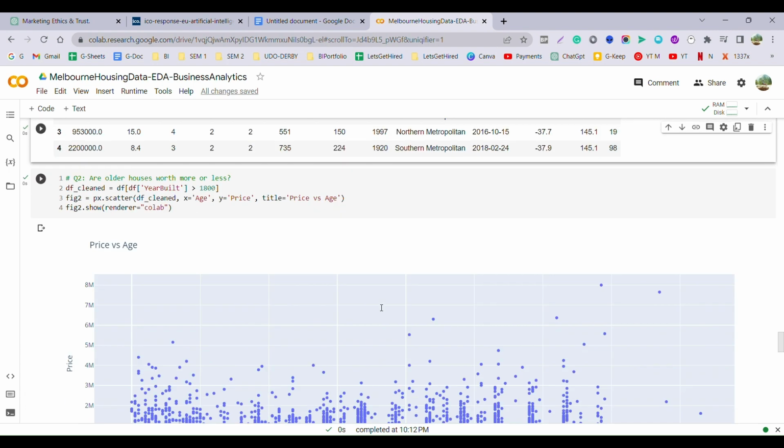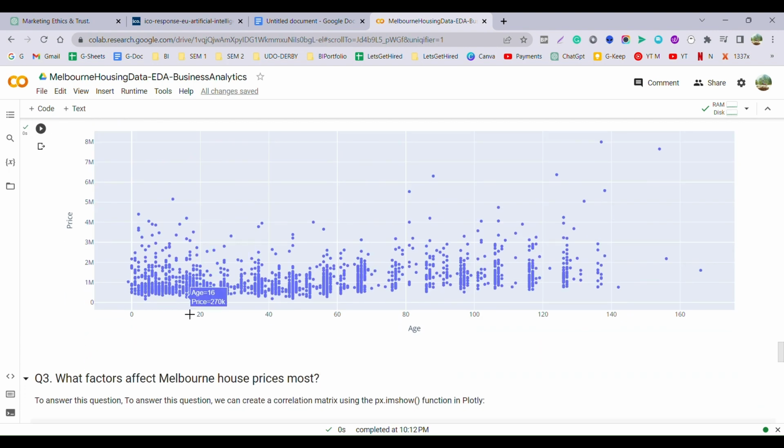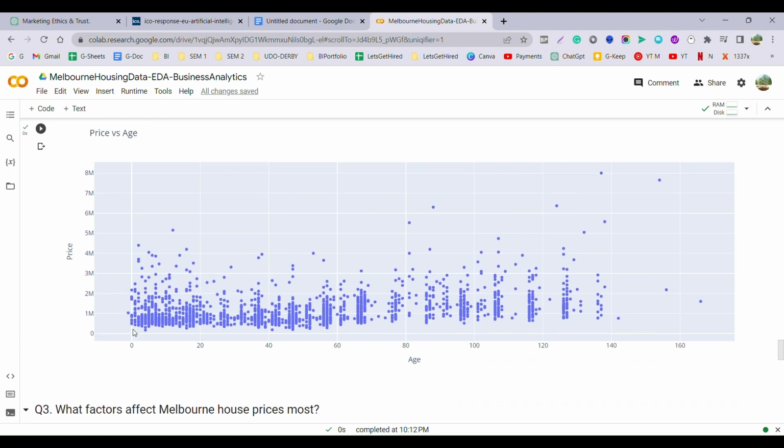Let's do this, and this is the scatter plot between age and price. What is age here? Age is the date the house was sold, minus its year built.